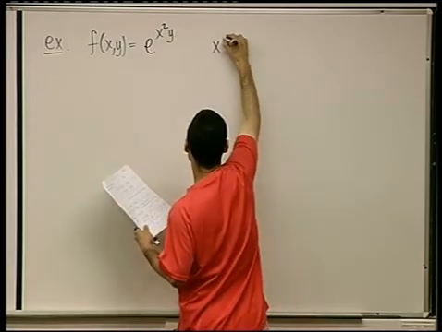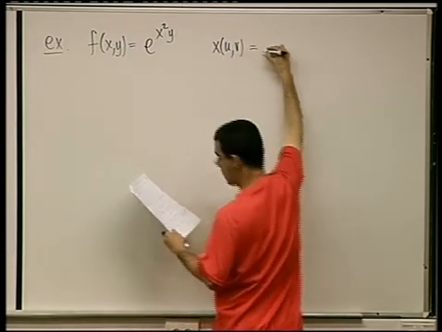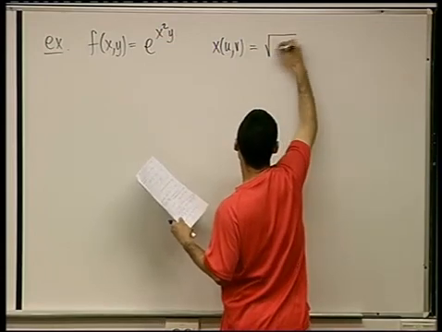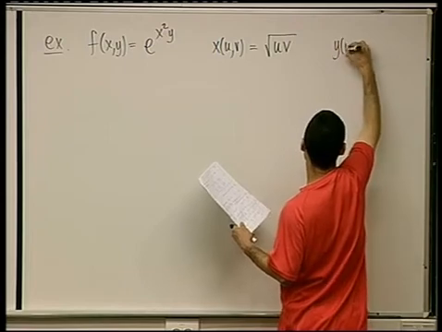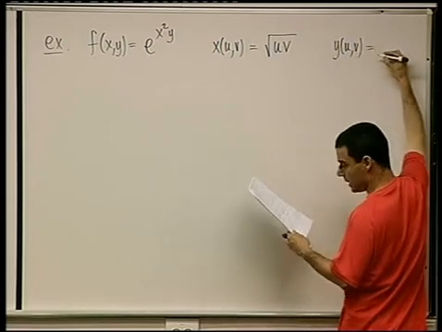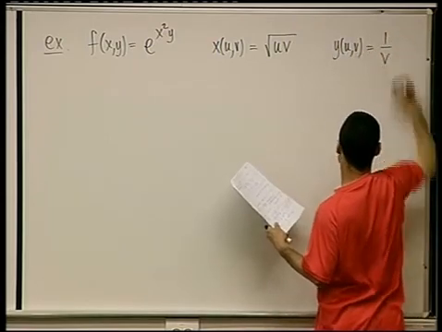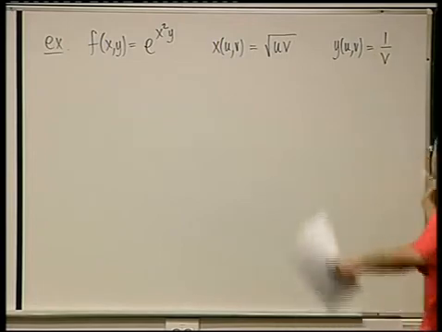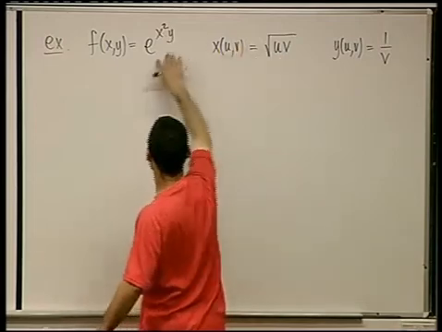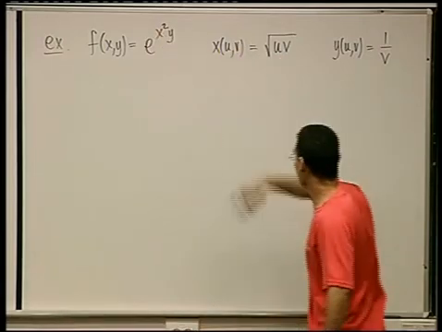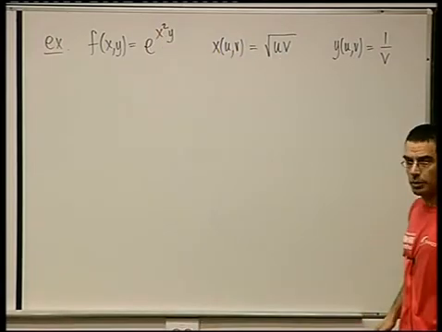And x(u,v) is going to be the root of u times v. And y(u,v) is going to be 1 over v. Okay, so we have rational functions and roots and exponentials and powers. We have a lot of fun going around.